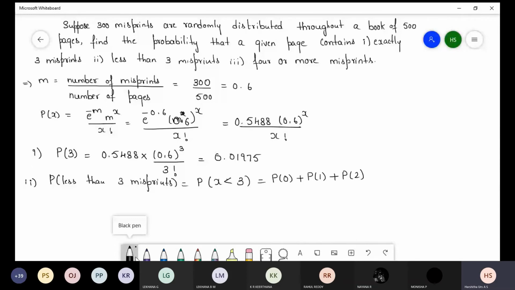I will write 0.5488 outside as a common term. Here first one 1, then 0.6 divided by 1, then 0.6 whole square divided by 2 factorial.